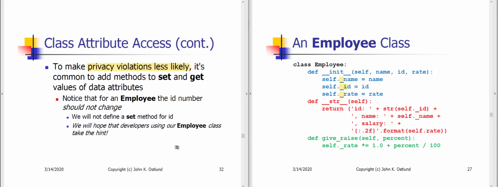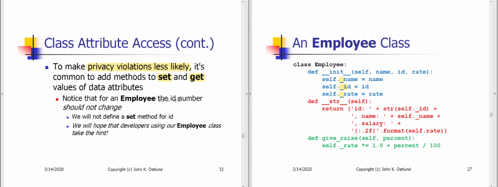Okay, well, what we're going to do is we're going to define a bunch of set and get methods to set the values of data attributes or get the values of data attributes. And we hope that because we've provided these functions, the other developers using our class will use these functions rather than blowing past our privacy expectation.